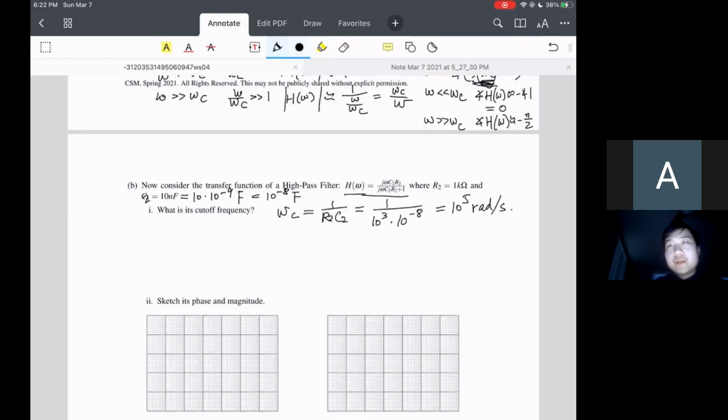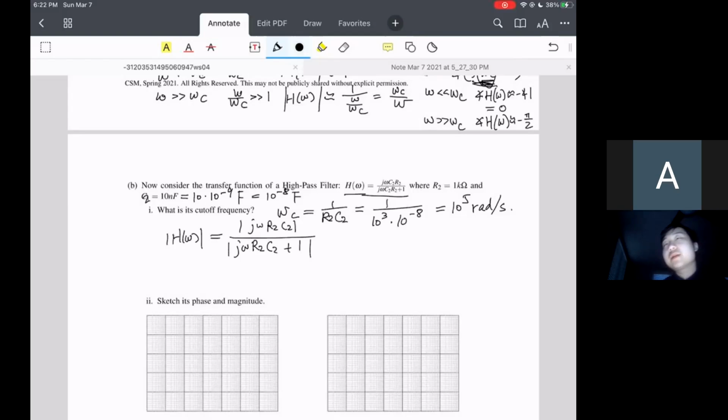If you sort of need a refresher on how we actually derive this cutoff frequency for a high-pass CR circuit, we can actually write out the magnitude of this transfer function. Since the magnitude of a quotient is just a quotient of the magnitudes, we see that this is equal to the magnitude of j omega R2C2 over the magnitude of j omega R2C2 plus 1.